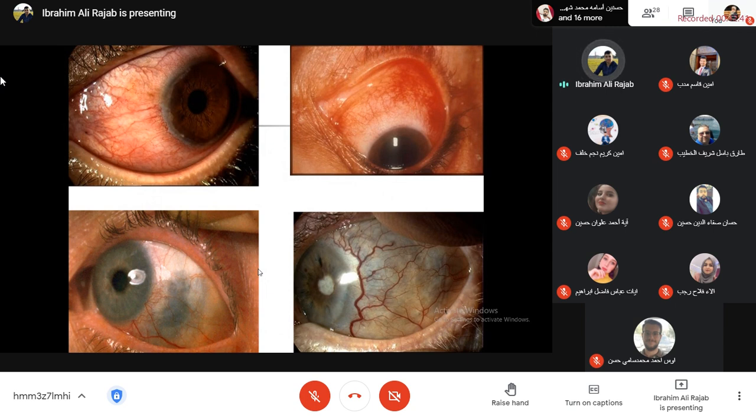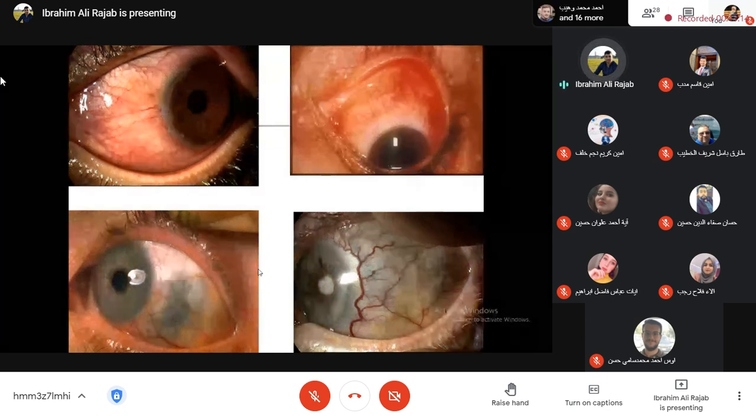When the sclera is thin, the color of the underlying choroid, I mean the uveal tract, will appear. The uveal tract is a pigmented layer. It has melanin pigment, and it is highly vascularized, so its color is dark. So the dark color of the uveal tract will appear through the thinned sclera due to long-standing inflammation.